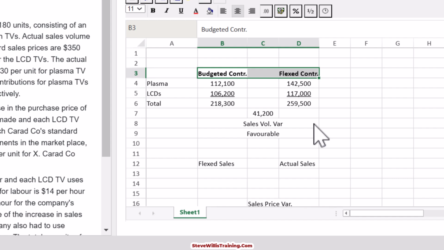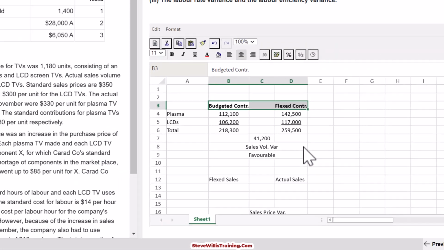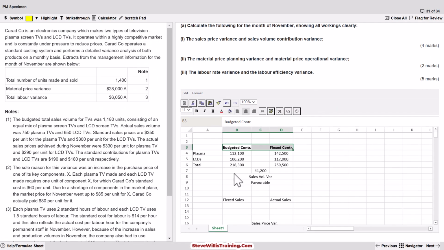So get in the habit now of making easy-to-read, nice-looking spreadsheets. So we've calculated our favorable sales volume variance. That tells us that profit will be higher from selling a greater number of units.